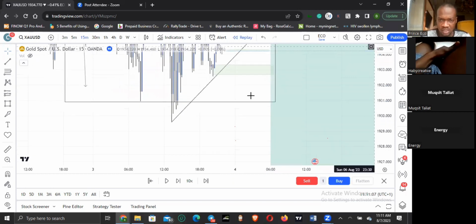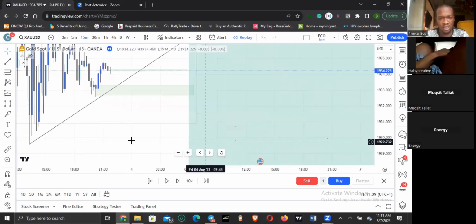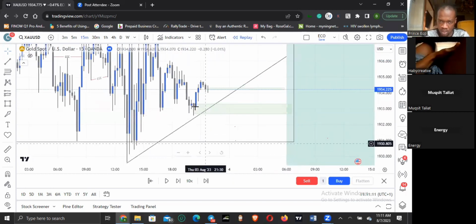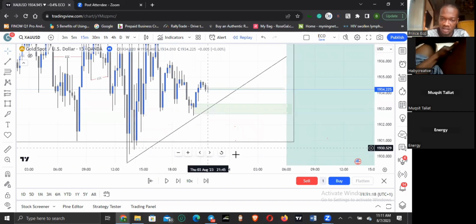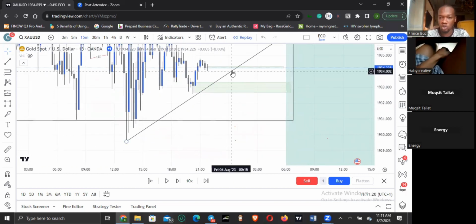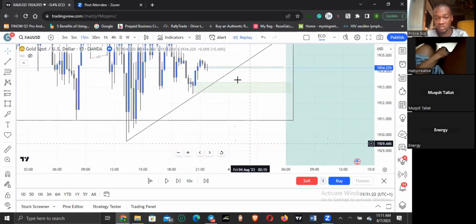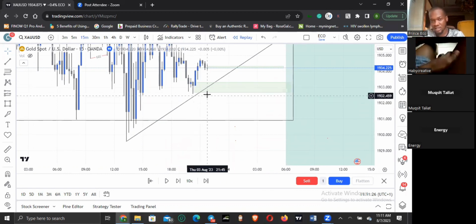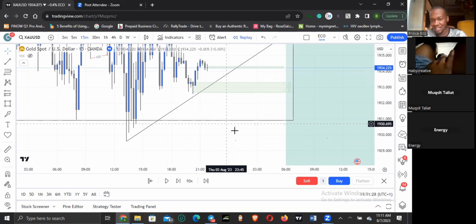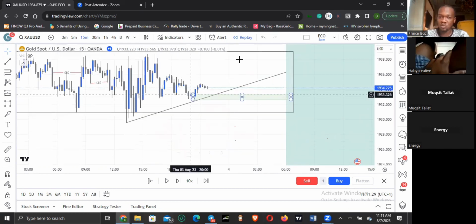So at this point, I guess it was at this point I spotted this order block. I don't know if you can see it. This was why I took the buy. I was expecting a second touch of the trend line. Now I already knew that taking this trade at this point is very risky because we're bearish overall.